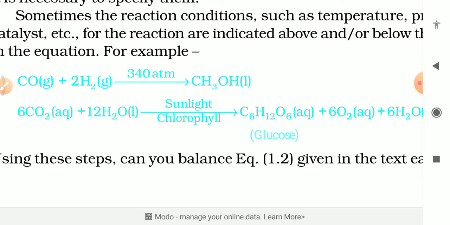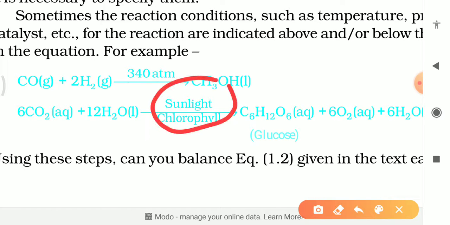Students, this is a very important reaction taking place in the plant. Plants take 6 molecules of carbon dioxide plus 12 molecules of water in the presence of sunlight and chlorophyll, and it makes glucose C6H12O6.